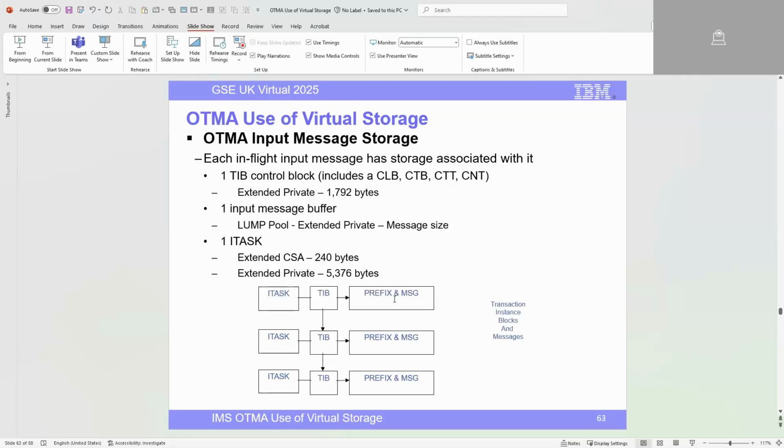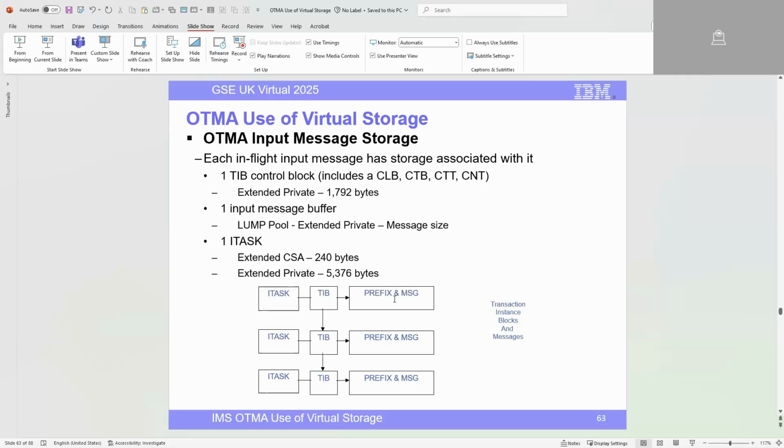Okay, now we've got input messages. And when an input message comes in, the first thing we do is create a TIB control block, 1,792 bytes in extended private. And we get a buffer out of the lump pool in extended private, and we stick the input message in there.